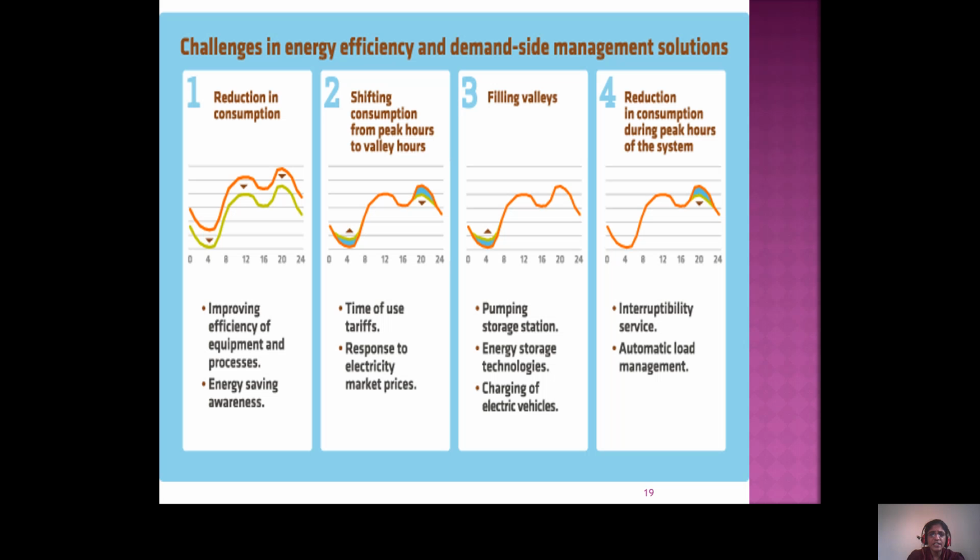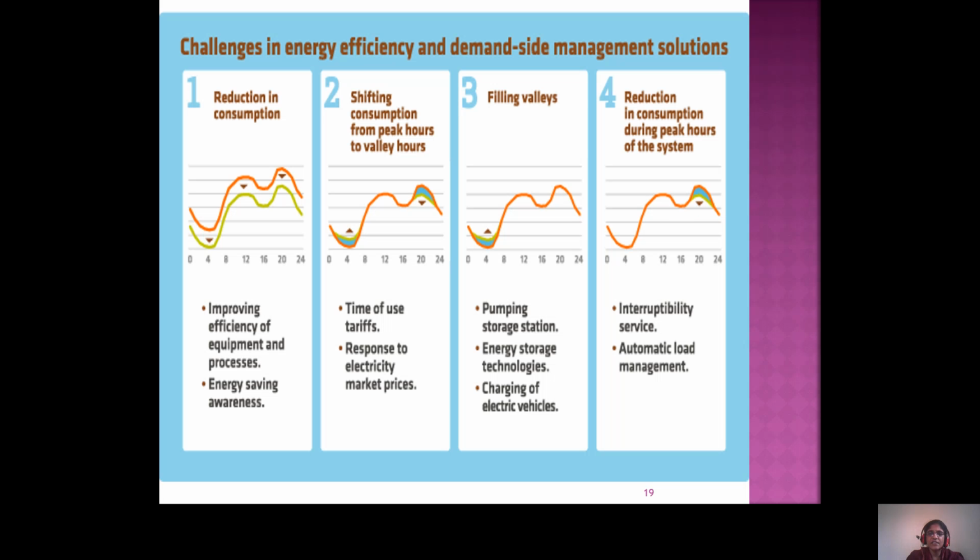When you observe reduction in consumption, it improves efficiency of equipment and processes and energy saving awareness. Second, it is shifting consumption from peak hours to valley hours, that means peak to off-peak hours, with time of use tariffs and response to electricity market prices.